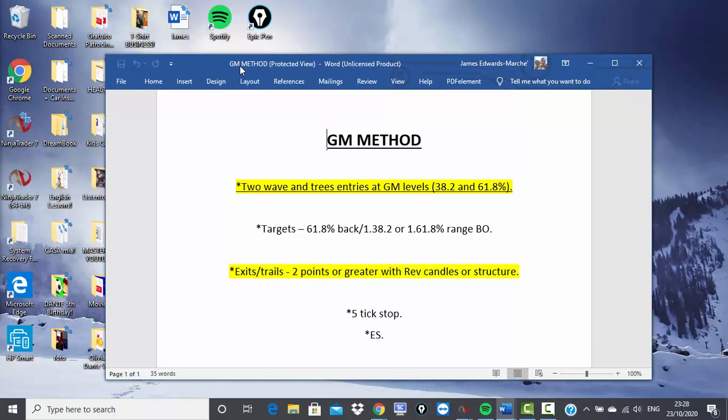Those are my three pairs, and I would use those along with YM as well, the Dow Jones 30, the E-mini contract, $5 per tick contract.